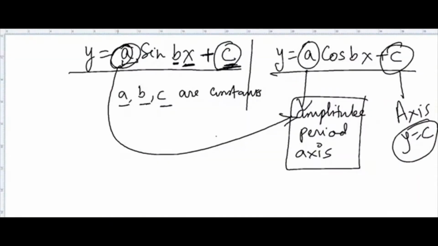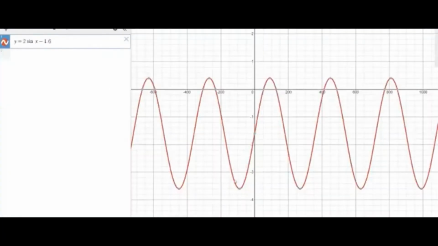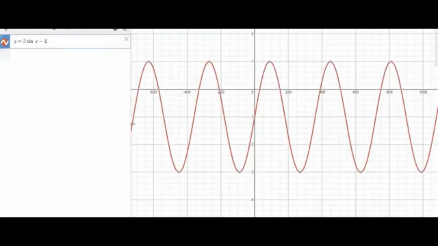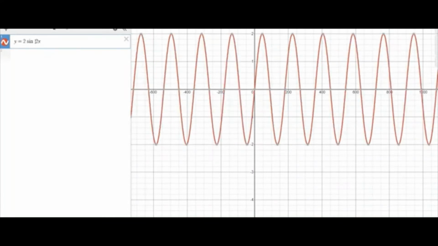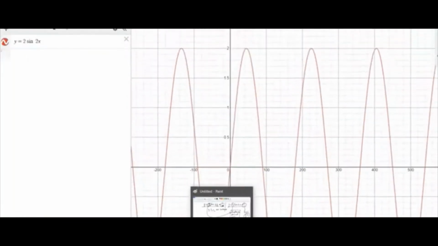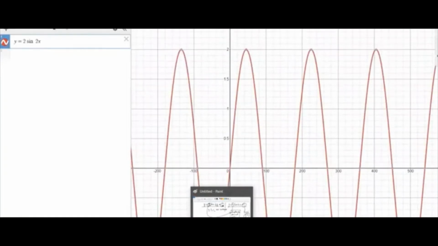All right, amplitude was still 2. So let's go to period now. Okay, now I will delete minus 1.6 and write a number in front of x. Let me write 2 in front of it. So what is the period now? If I wrote 2 there, is the period 2? Let's see. For period we find the maximum here and the maximum here, but we need the difference between the x values.